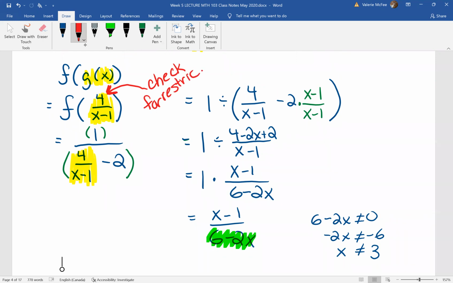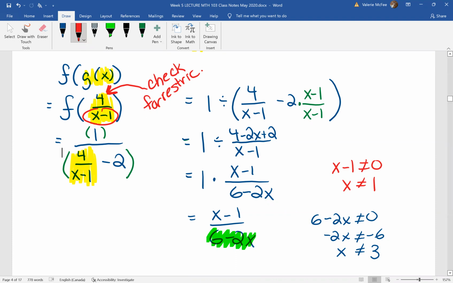Because I see that I have this x minus 1 that cannot equal 0, so x cannot equal 1 either. If I substituted a 1 in at the beginning of this composite function, we would have an expression that's undefined.